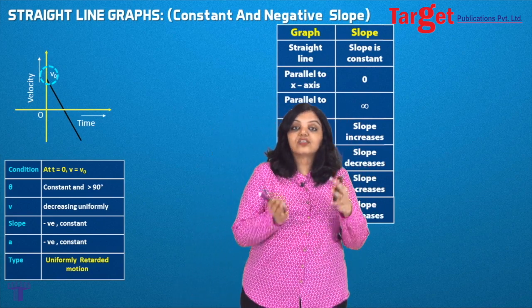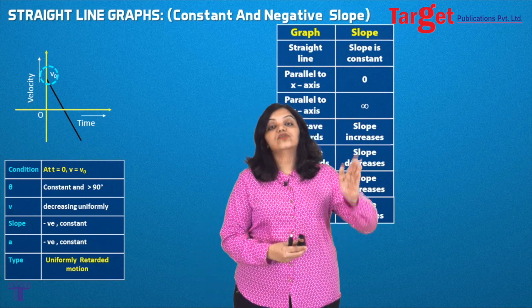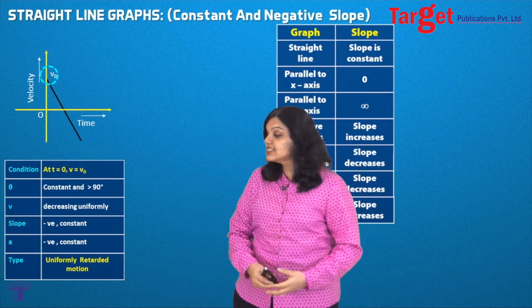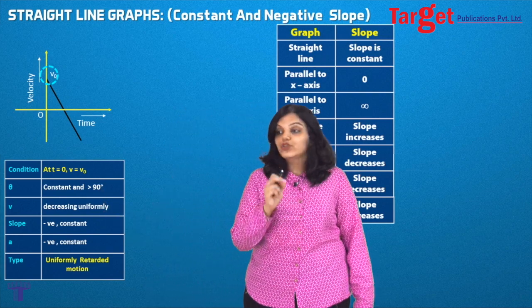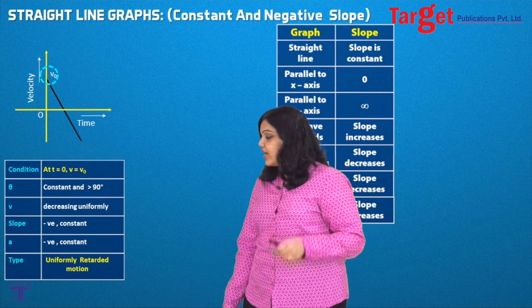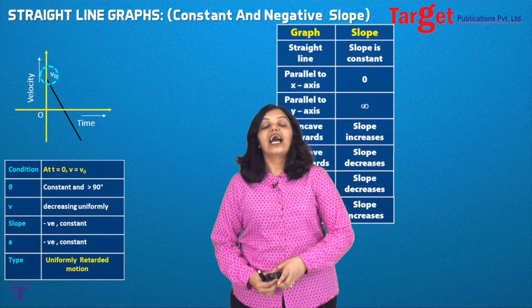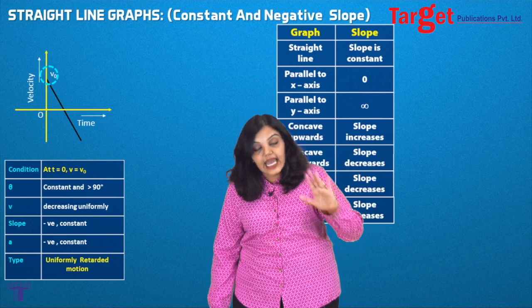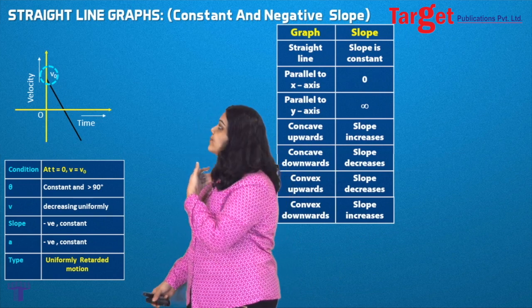But since the acceleration is not only negative, but also constant, velocity is not only decreasing, but it is decreasing uniformly. And therefore, this type of motion is uniformly retarded motion or uniformly decelerated motion, where acceleration is negative and constant and velocity is decreasing uniformly.